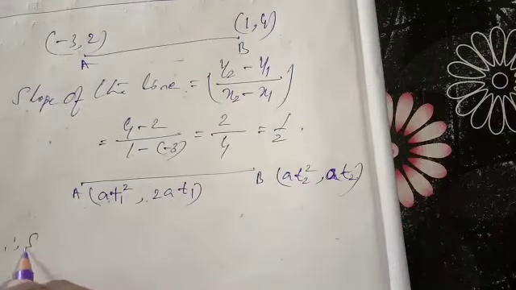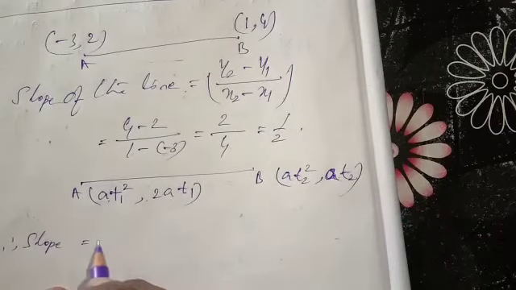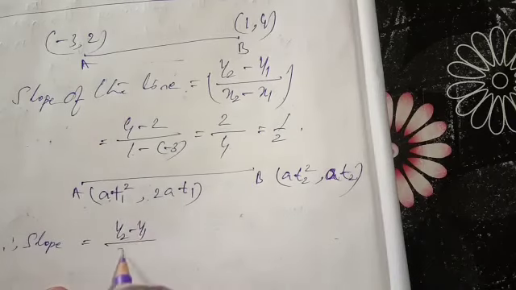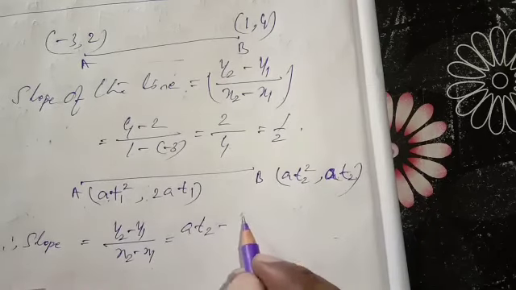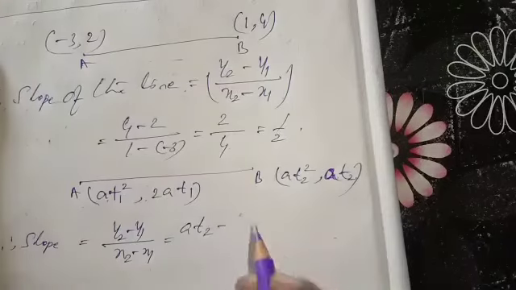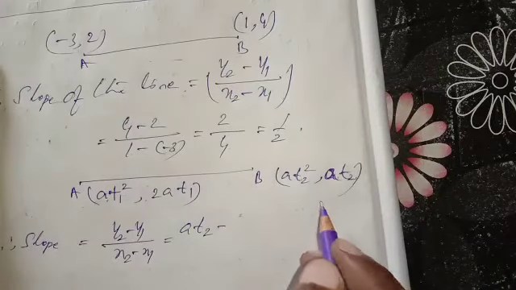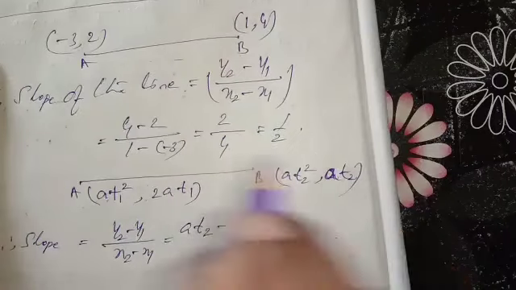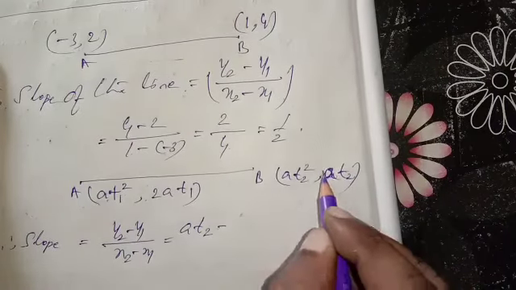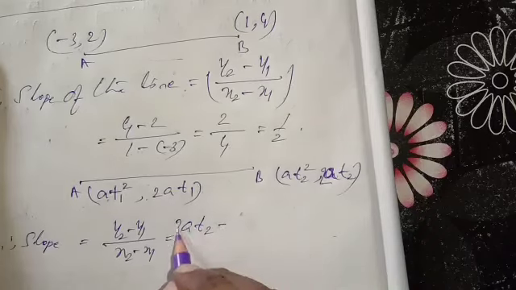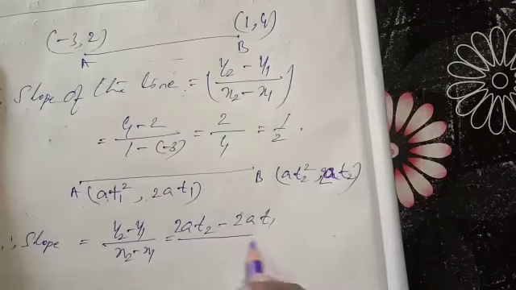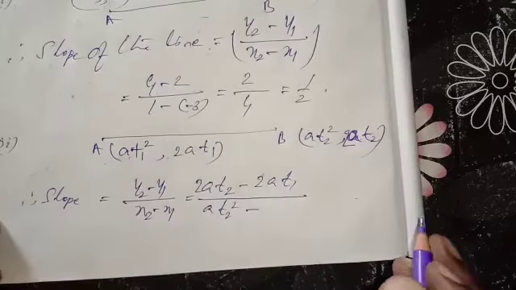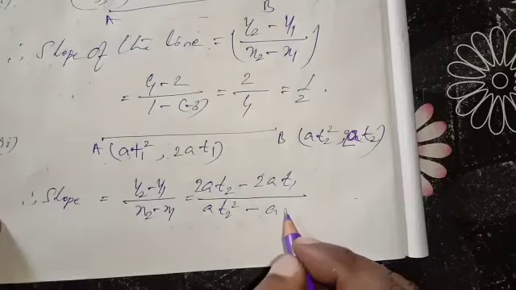And so the slope formula is what? The slope of the line will be y2 minus y1 by x2 minus x1. Here y2 means 2a t2 minus 2a t1, the difference in y coordinates, by a t2 square minus a t1 square.